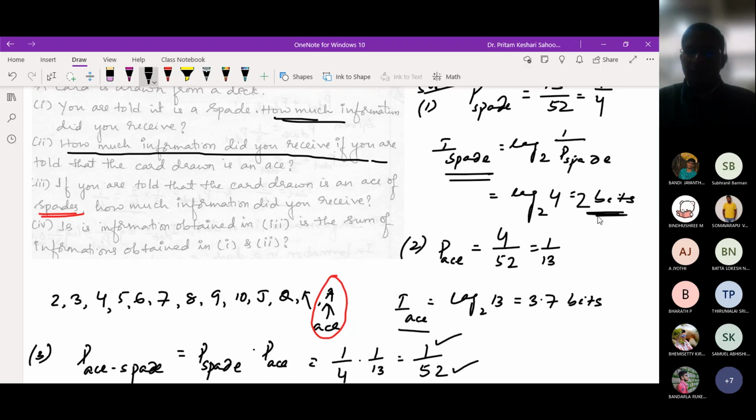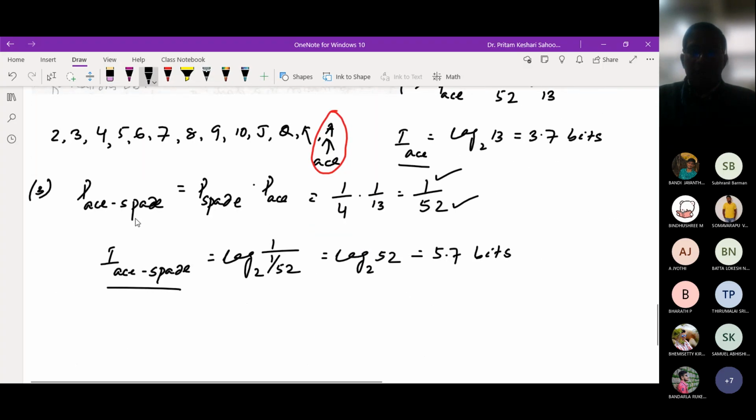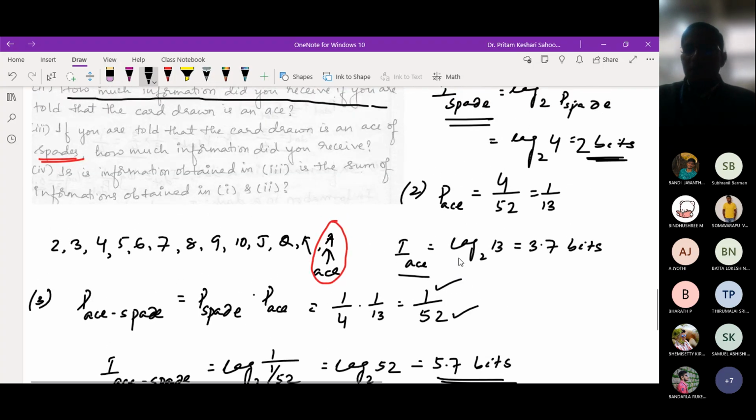Which is having low probability? Getting an S card of type spade is having low probability, that is 1 by 52. And the information here is 5.7, that means the probability is less, but the information is more. Here information is 2 bits, but here information is 5.7 bits.